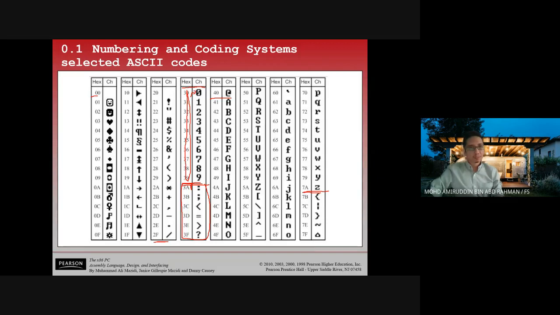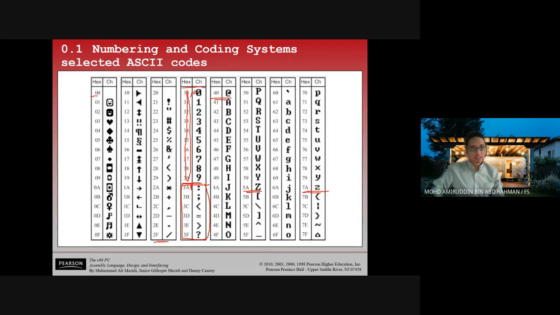And for this one, as you look over here, it is easy to use the capital alphabet, from 41 until 5A.